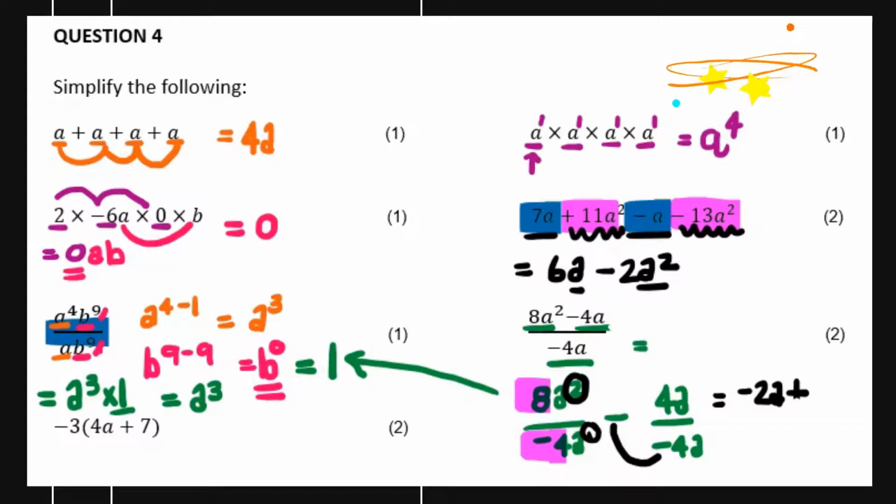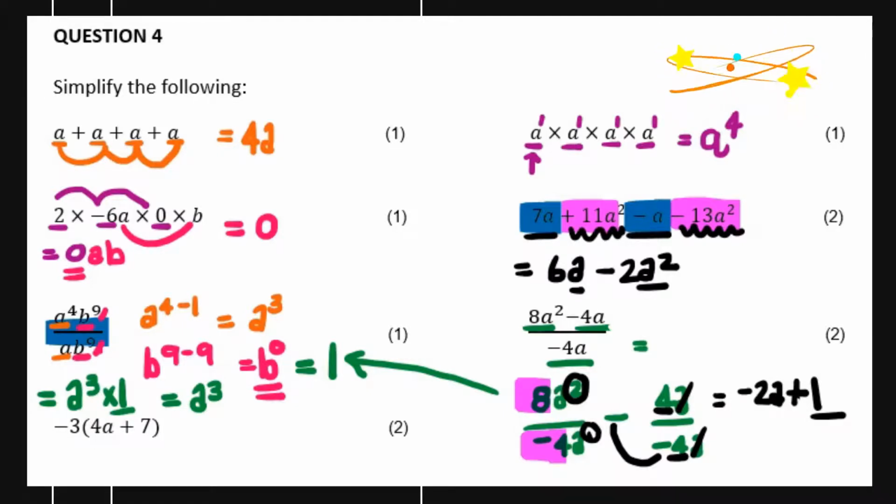We would then go 4 divided by 4 is equal to 1. a divided by a would give us a to the power of 0, which equates to 1. And therefore here we would have 1 times 1, which would result in 1 again. Our final solution therefore is negative 2a plus 1.